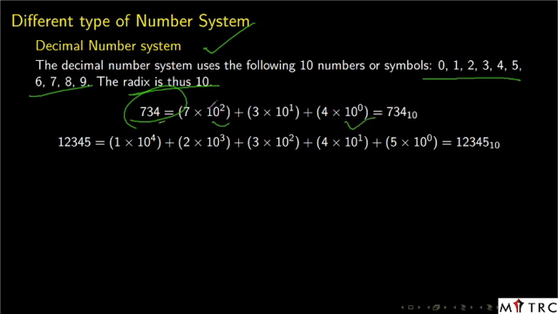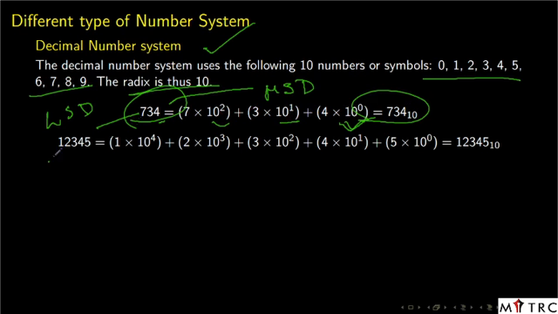Here 4 is also known as the least significant digit in a decimal number system, and this 7, the last digit, is the most significant digit. The most significant digit has a weight value of 10 to the power 2, the next digit has 10 to the power 1, and so on. So this is basically the decimal number system.